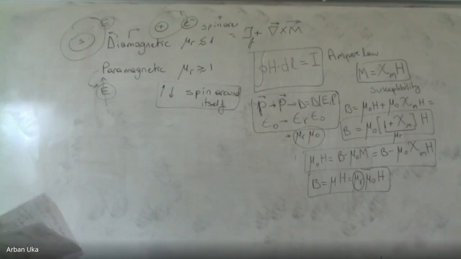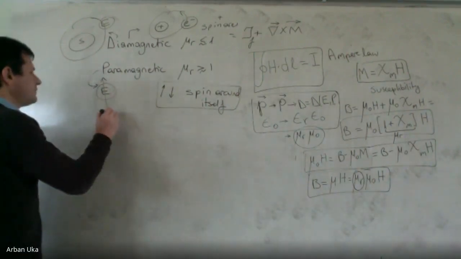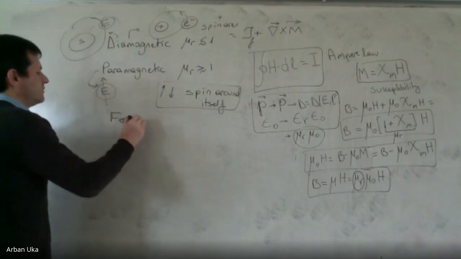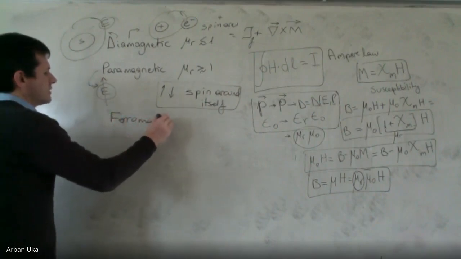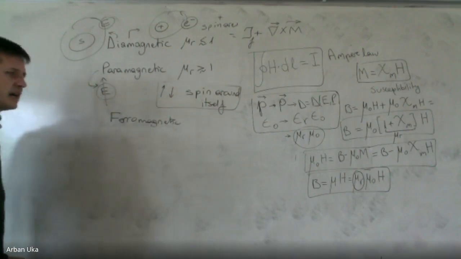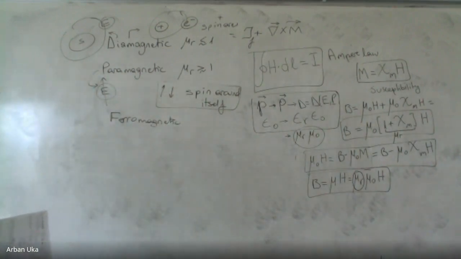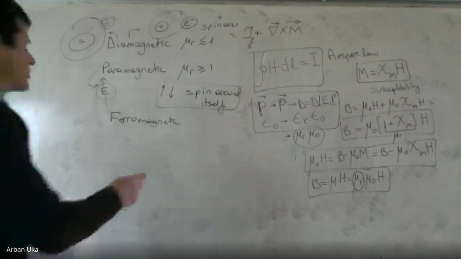Now, this is paramagnetic, diamagnetic, and we also have the ferromagnetic. This ferro, from Italian, means like iron. So any material, and this mu r in this case is a large quantity.